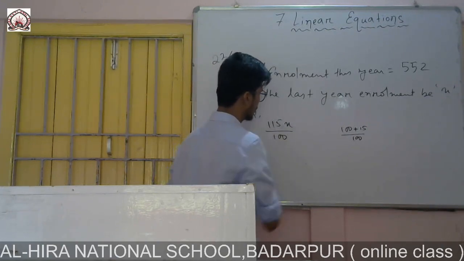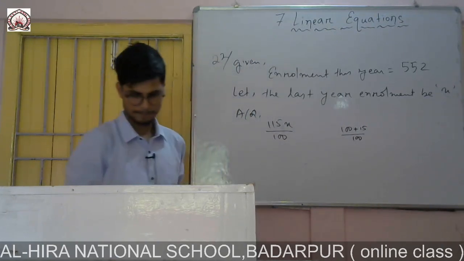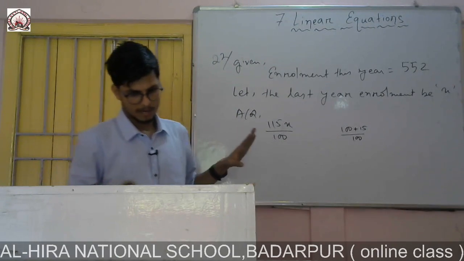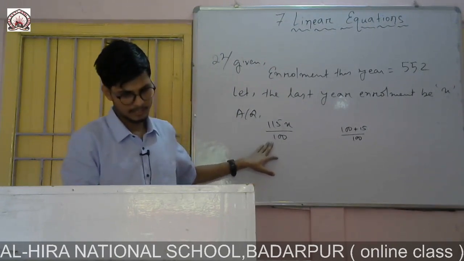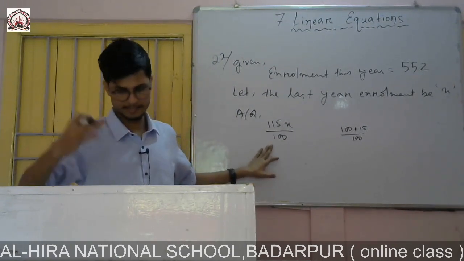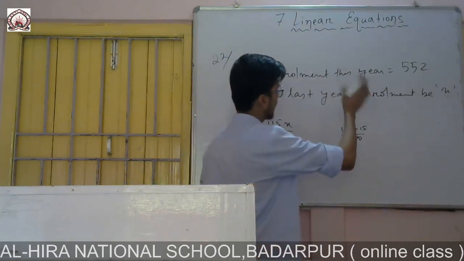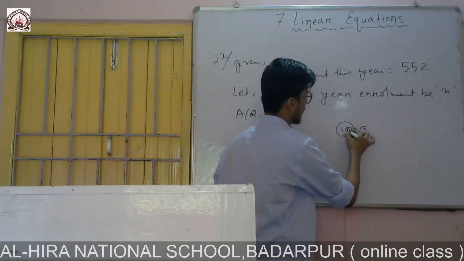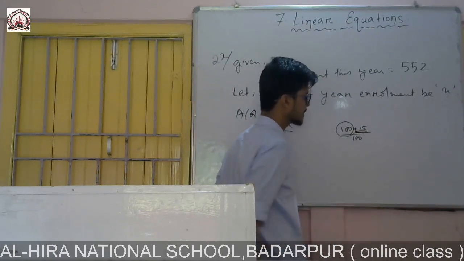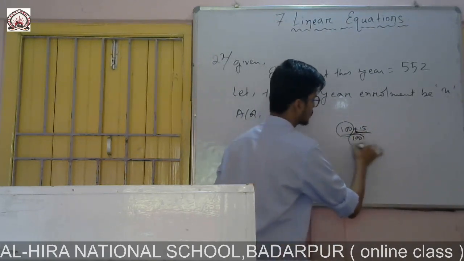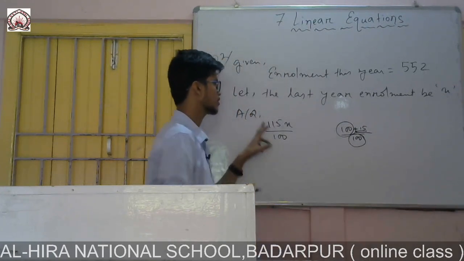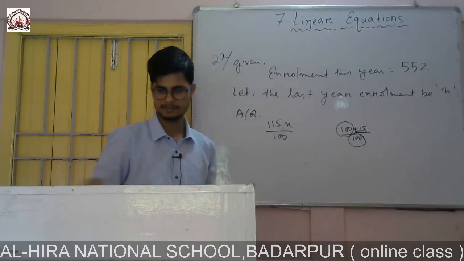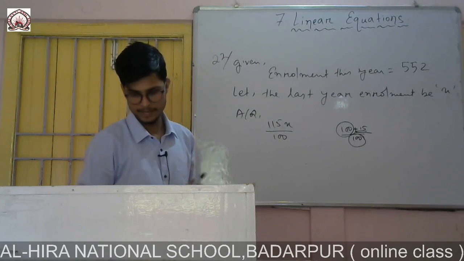So 115 of x by 100. You see how I found this one? It is given that 15% increase, so if the earlier enrollment was 100%, it means 100% plus 15%. 15% increase this year, and out of 100 we are finding this one. So it will be 115 into x by 100.